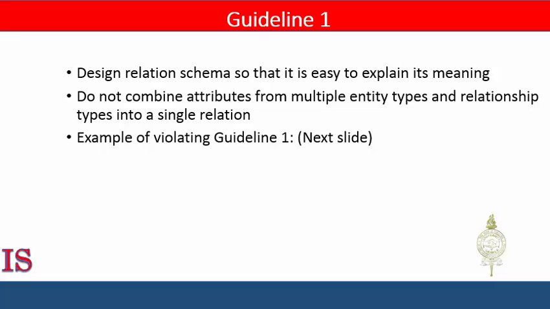Intuitively, if a relation schema corresponds to one entity type or one relationship type, it is straightforward to interpret and to explain its meaning. Otherwise, if the relation corresponds to a mixture of multiple entities and relationships, semantic ambiguities will result and the relation cannot be easily explained.